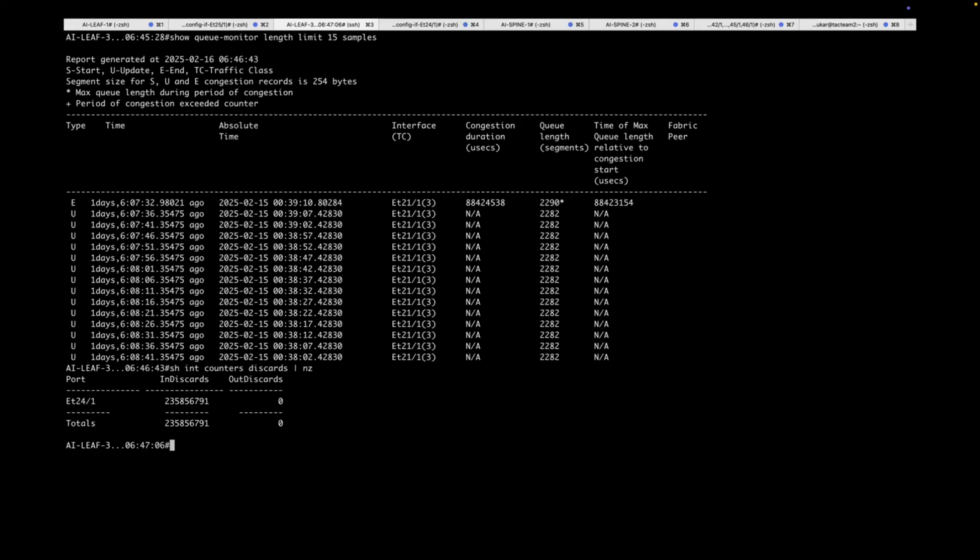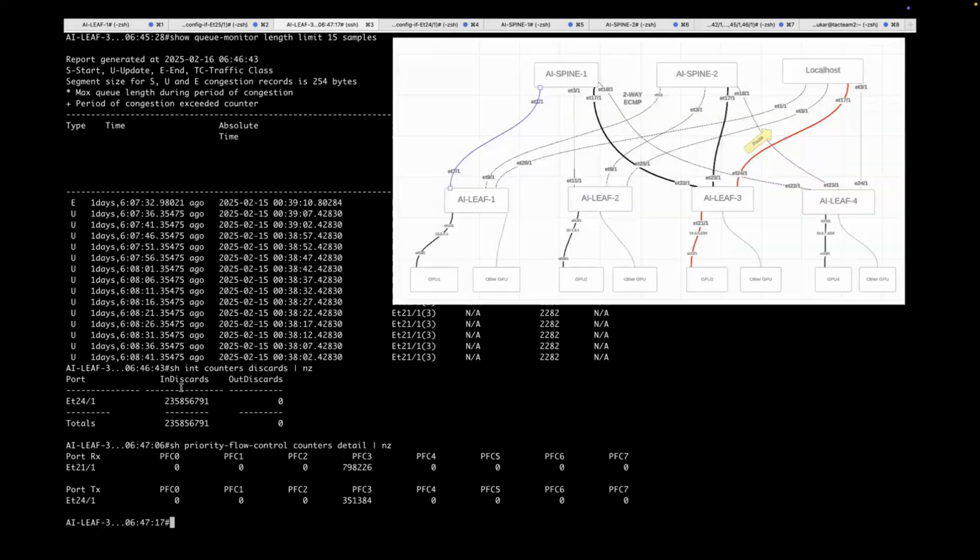Okay. Now, let's also check for the priority flow control counters, and we're going to see what traffic class we were sending and receiving these pause frames for. As we can see here, the ET21/1, that was the one connecting to the GPU rack.